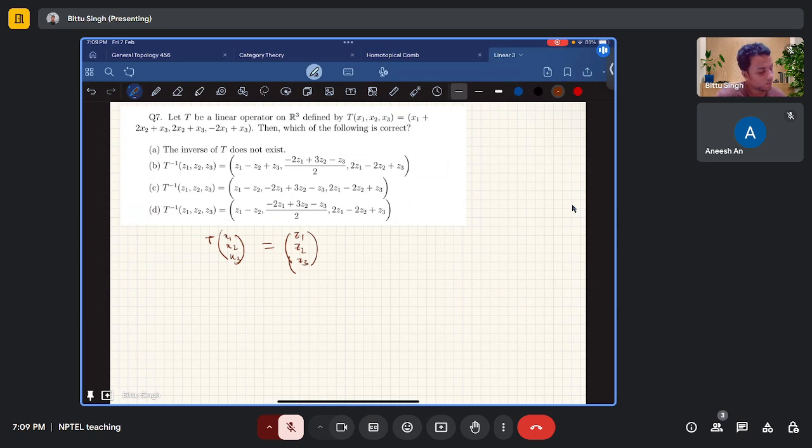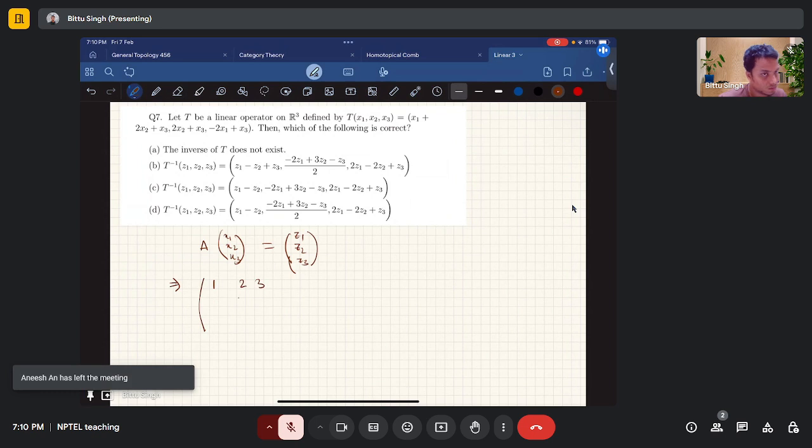So again, we are putting it in matrix form, right? This is equivalent to saying that the matrix form will be like this. So it is 1, 2, 3, and the next will be 2 here, 2 here, so 0, 2, 2, and minus 2, 0, plus 1.